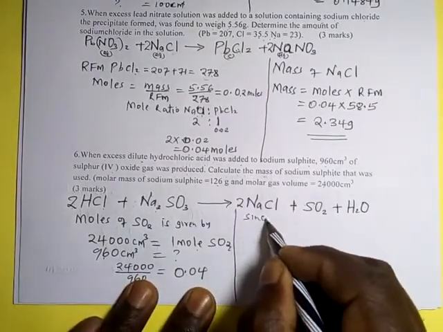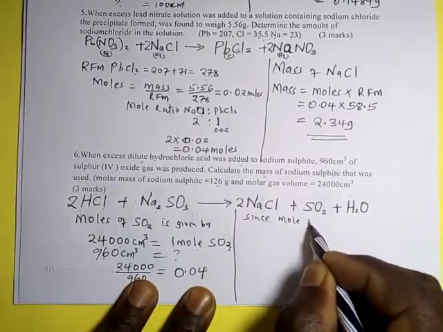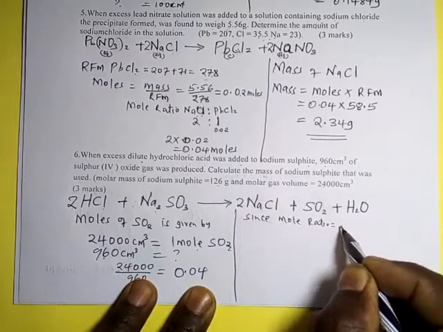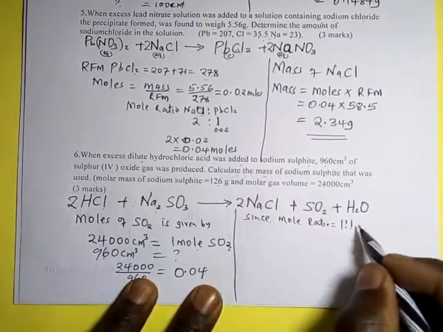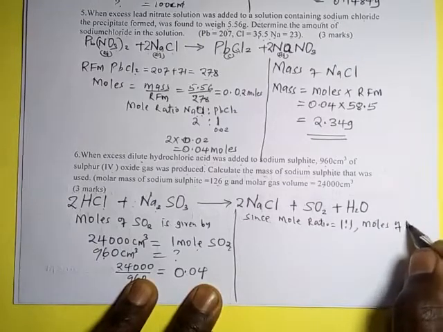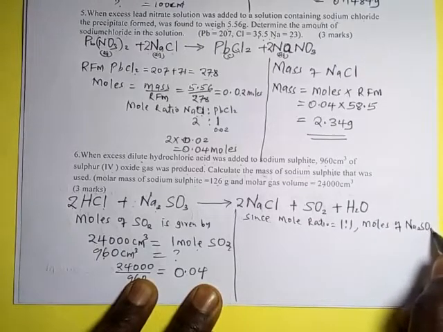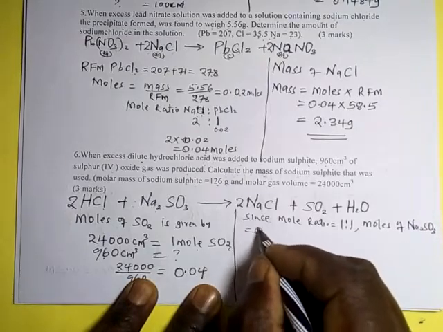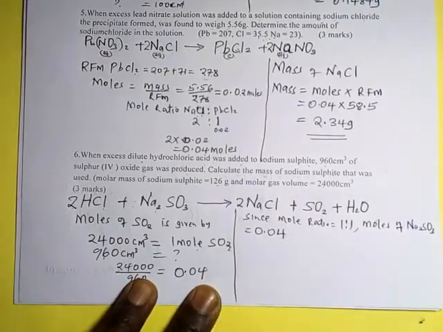Since the mole ratio is 1 to 1, moles of sodium sulfite equal 0.04.